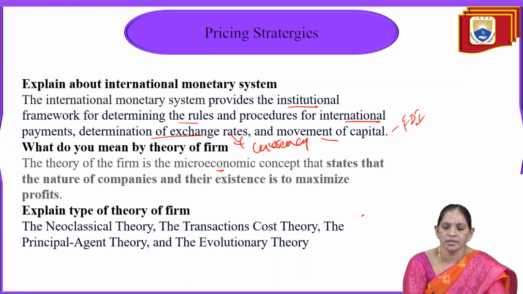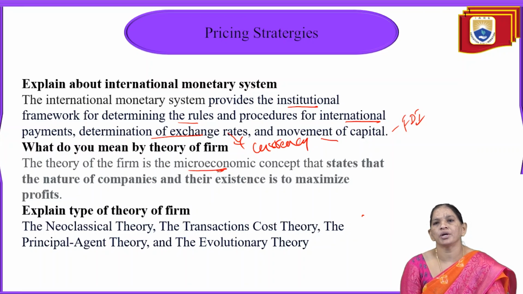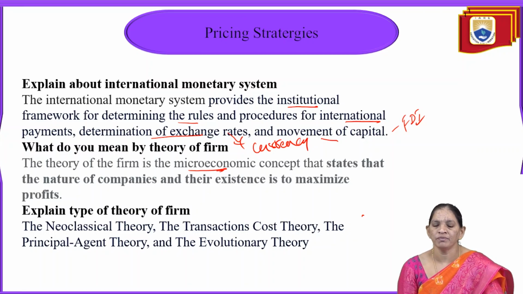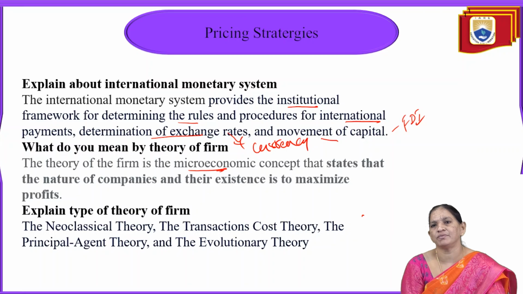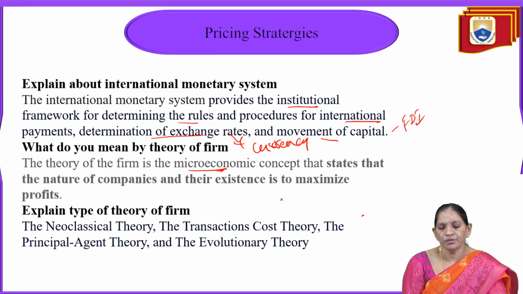Individual in the sense that it relates to the microeconomic concept of one firm, how it exists, how it maximizes sales revenue and how it maximizes profits. We call this the theory of the firm.